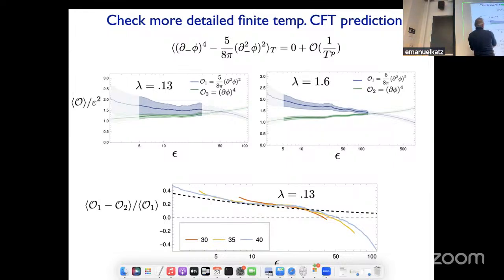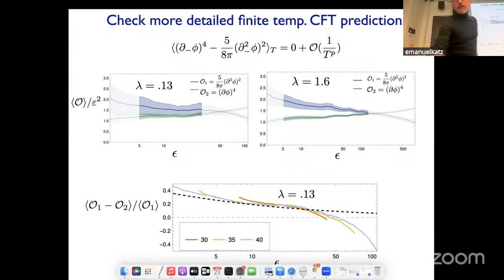So this difference is supposed to be 0 in the CFT limit, but when the coupling is very small, the dominant conformal breaking effect should just be from the mass itself. And if I just look at the thermal expectation value of a massive scalar, then this is this dashed line.